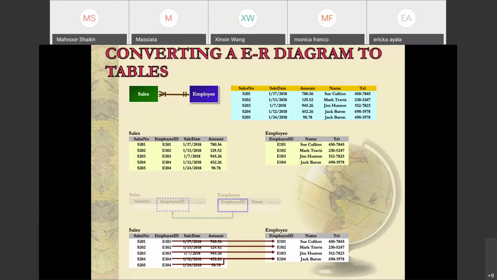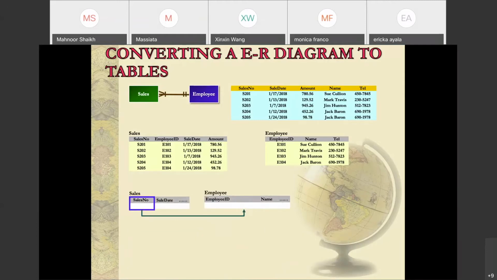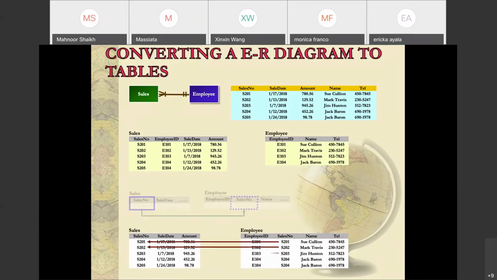So as you can see, the employee ID is matching the employee ID from the sales. And also the sales number becomes the foreign key of the employee table. We can see the sales number of the employees table is matching the sales number of the sales table.